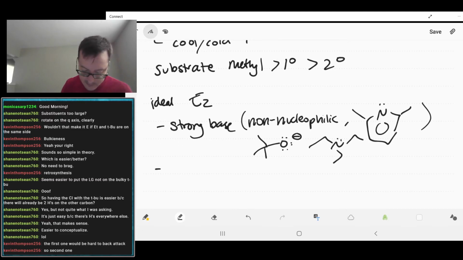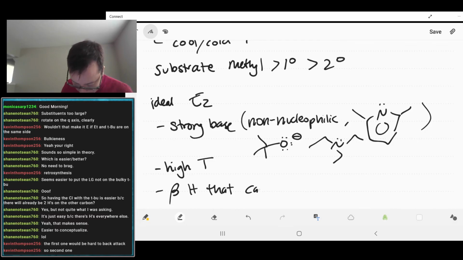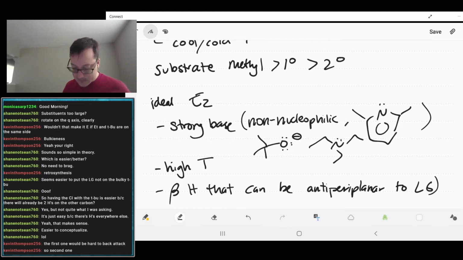You want kind of higher temperatures, and you need the beta hydrogen. Your substrate itself doesn't matter. You can have a primary, secondary, tertiary substrate. It matters if you have the beta hydrogen that can be made anti-periplanar.